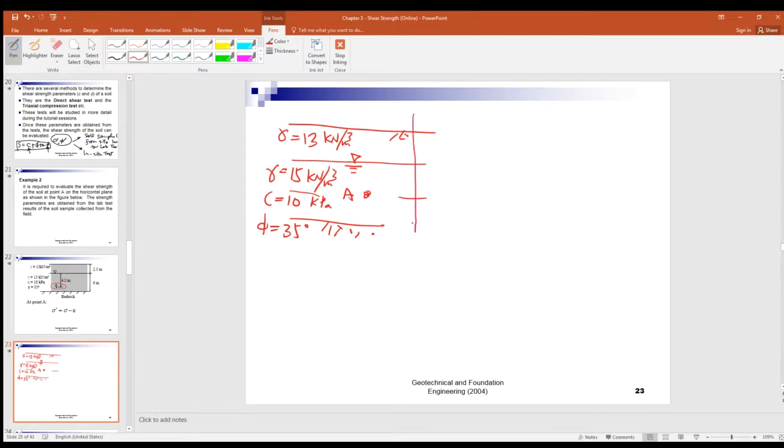And here you got 2.5 meters, and here's 4.5 meters, and this 1.5 meters.